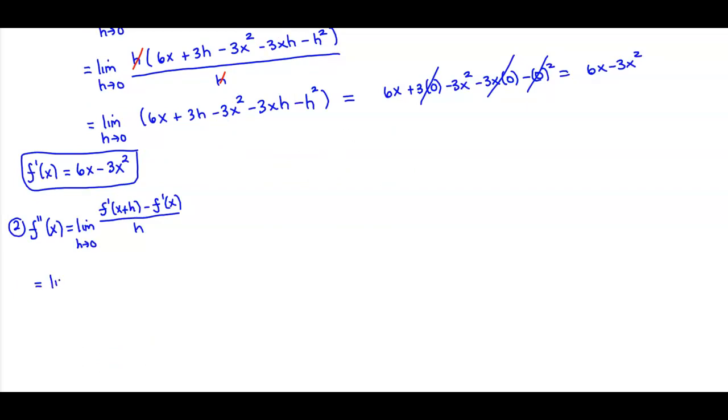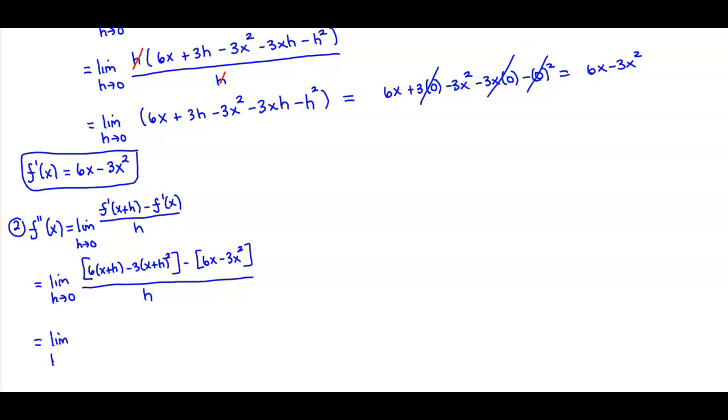So the limit as h approaches 0, so we have 6 times x plus h minus 3 times x plus h squared minus the function 6x minus 3x squared divided by h.